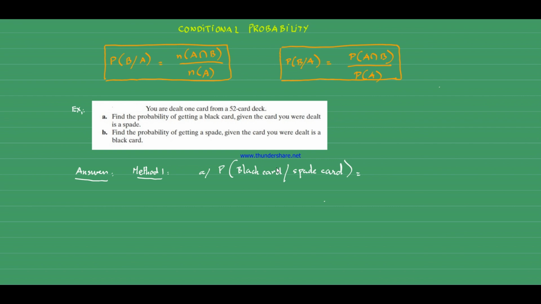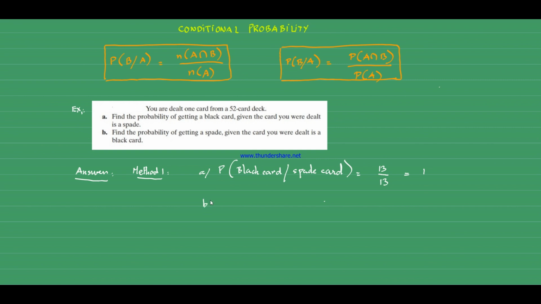So the intersection between the two events is 13. And we have how many elements in the event spade right here, which is also only 13. So the formula will just give you 1. The probability is 1.